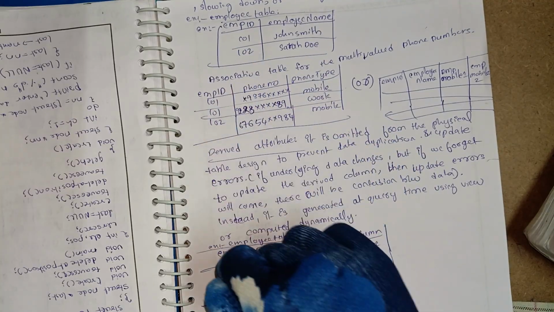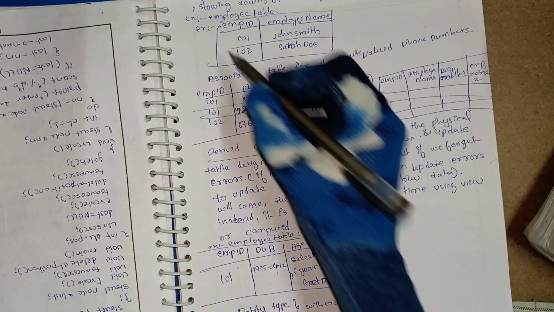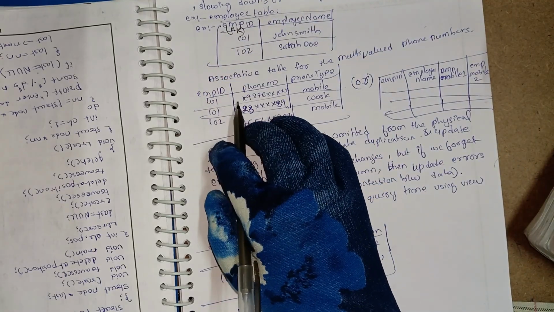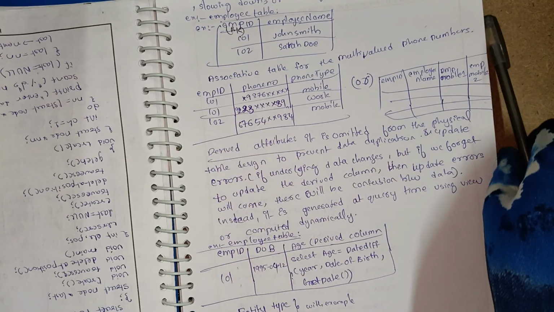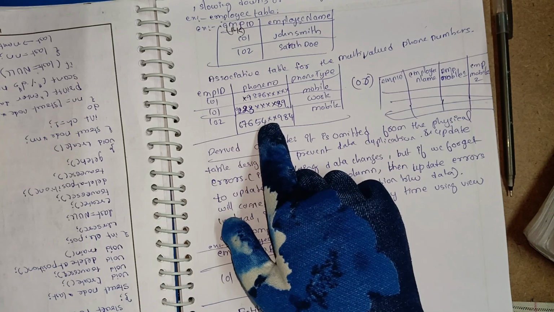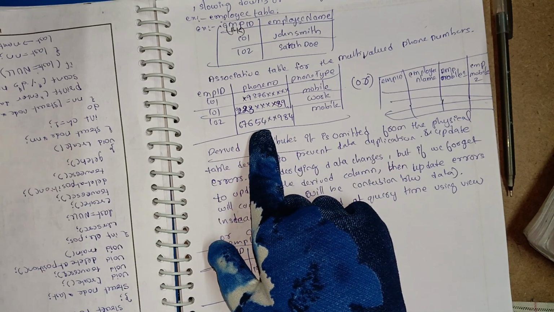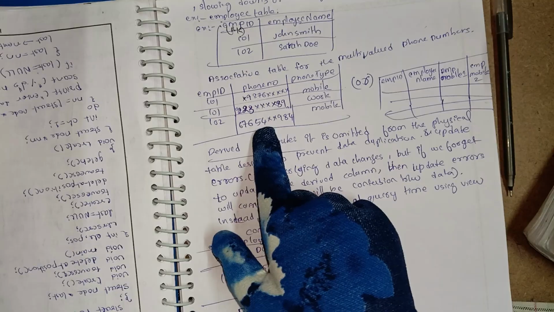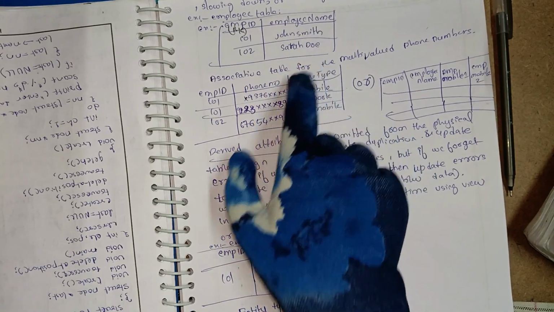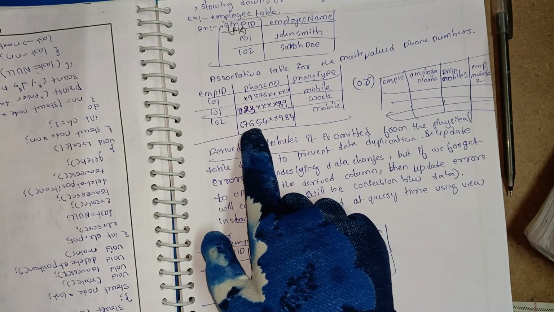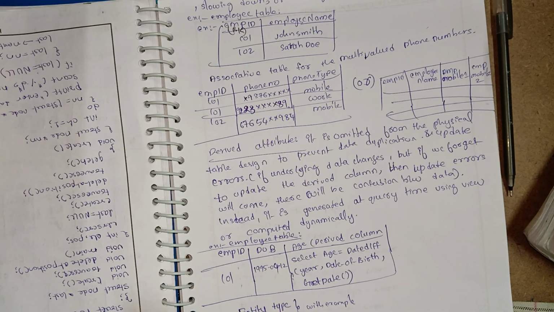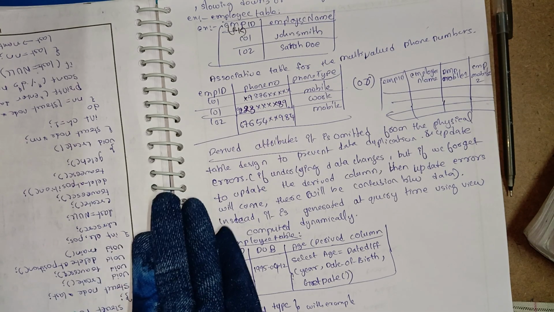If employee ID is the primary key, then we can create another table so that redundancy will be reduced. We don't need to duplicate the employee names, even though there are multiple phone numbers for a particular employee.